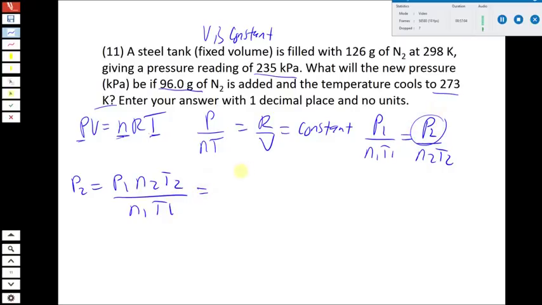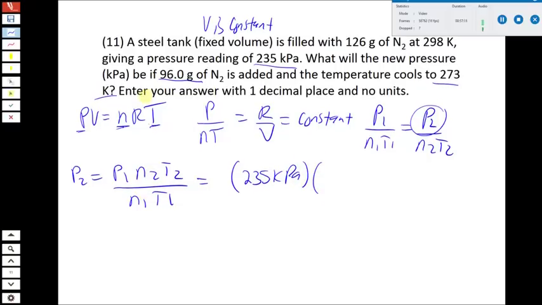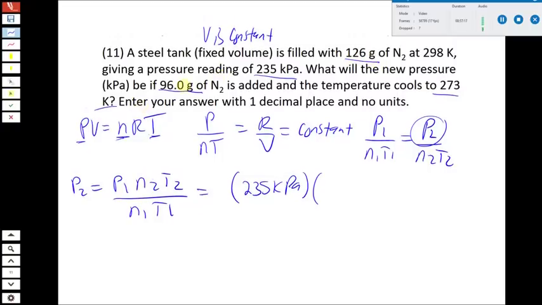So we can start putting things in. P1 is given to us. Our initial pressure is 235 kilopascals. Now we need the two numbers of moles, n2 and n1, and we're initially giving you grams of substance here.